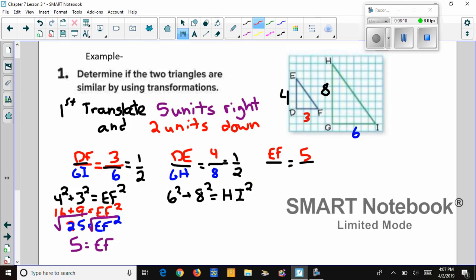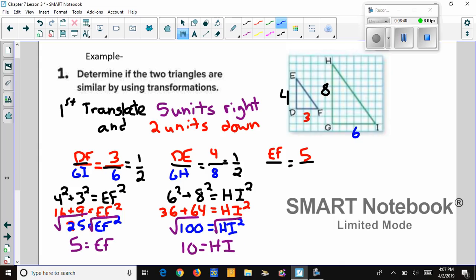Let's continue. 6 squared is 36, plus 8 squared is 64, equals HI squared. Next, 36 plus 64 is 100, equals HI squared. And I conclude by finding the square roots. 10 is equal to HI.